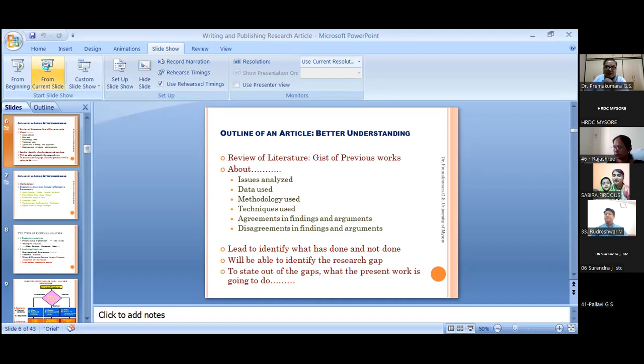So the methodology and techniques the previous studies have used, and then what are the agreements and the arguments. Agreements in findings and arguments. Agreements and disagreements, both. Let me give a simple example. India is shining.